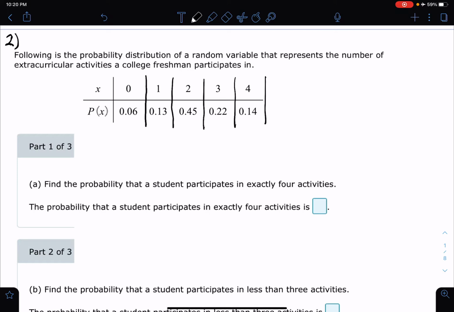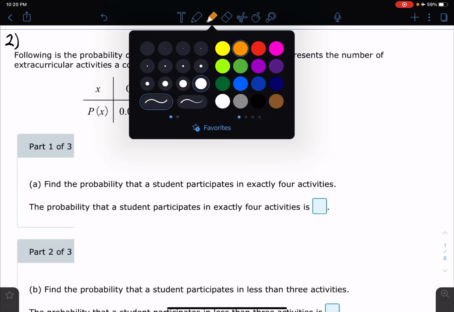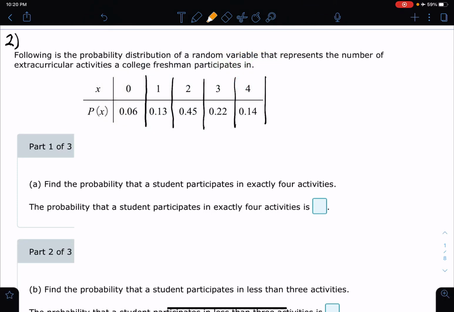So once again, I would like to highlight what the random variable x is. So it says distribution of a random variable x that represents the number of extracurricular activities a college freshman participates in.